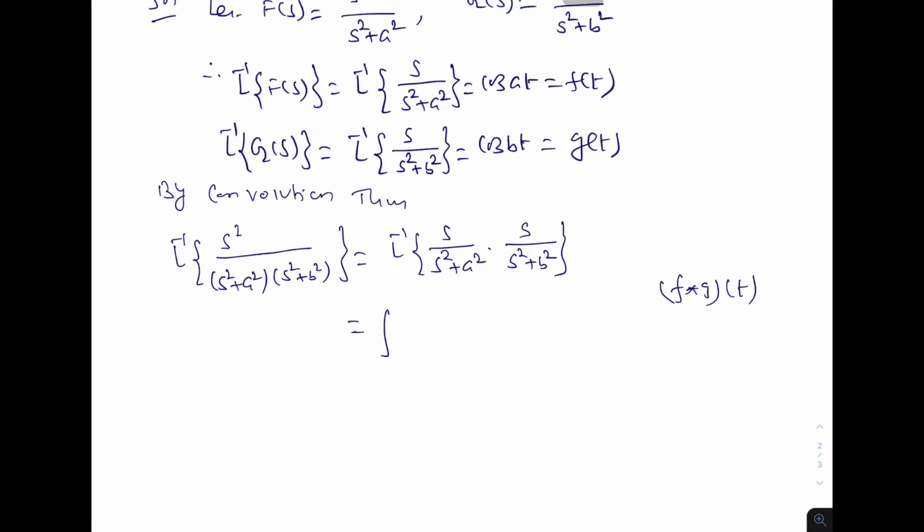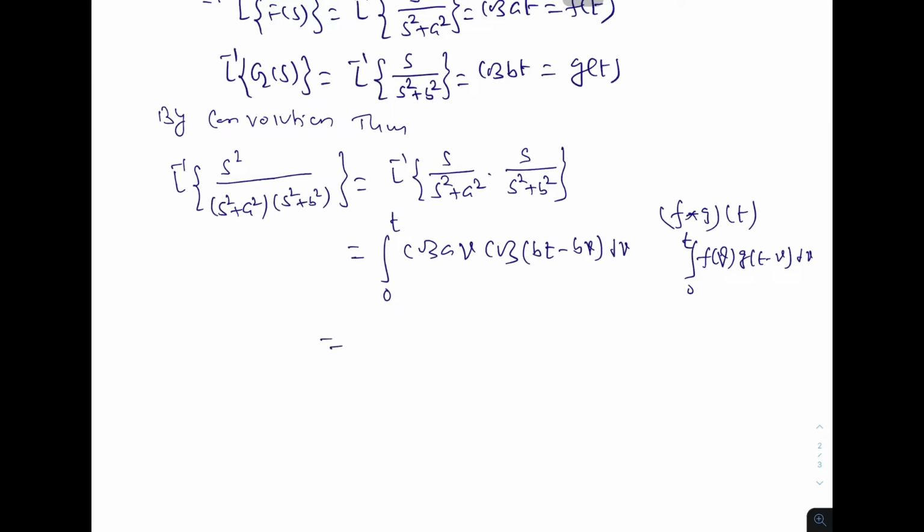So that is integration 0 to t f(v) g(t minus v) dv, that is cosine av times cosine (bt minus bv) dv.